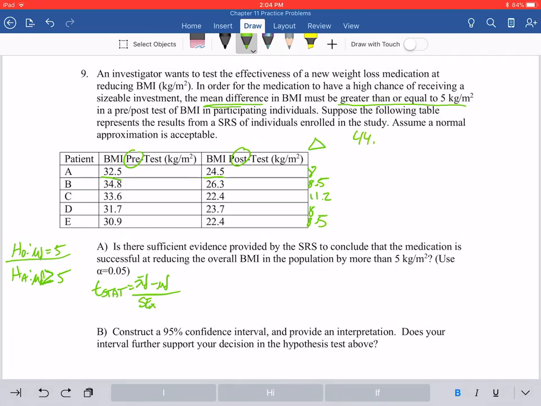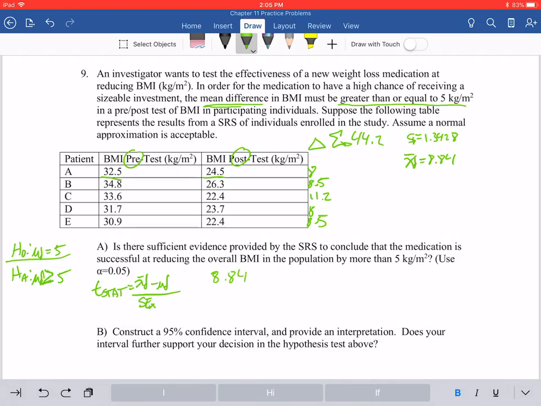Add them all up, and you're going to get a value of 44.2, which is your sum of delta, and then your x bar of delta is going to equal 8.84, and your standard deviation of delta is going to equal 1.3428.